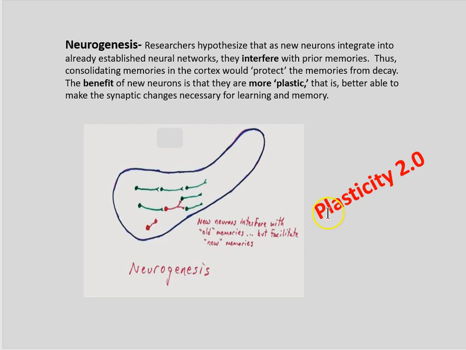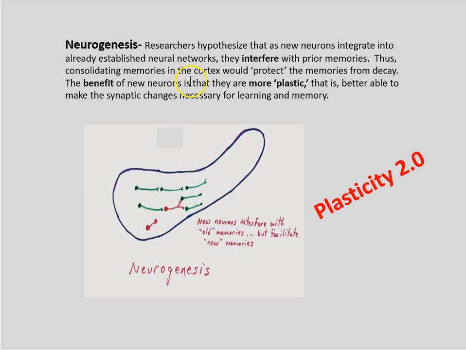We can think of this as plasticity 2.0 because the brain is generating entirely new brain cells for future memory processing. Now, researchers hypothesize that as new neurons integrate into the already established neural networks, they interfere with prior memories. Thus, consolidating memories in the cortex would protect the memories from decay.